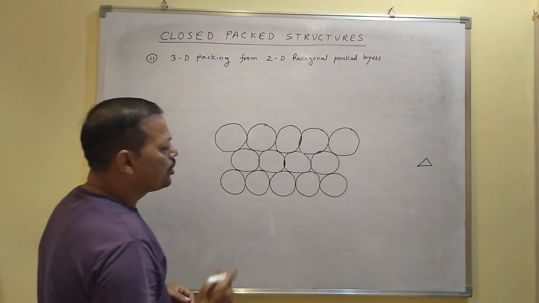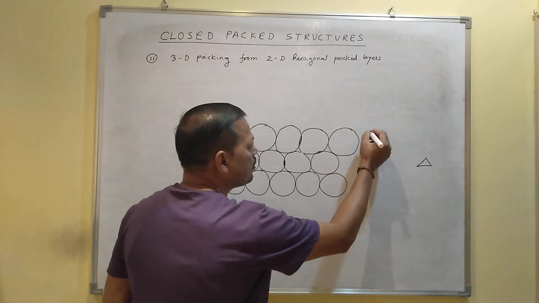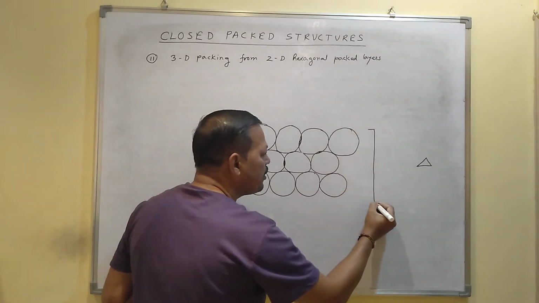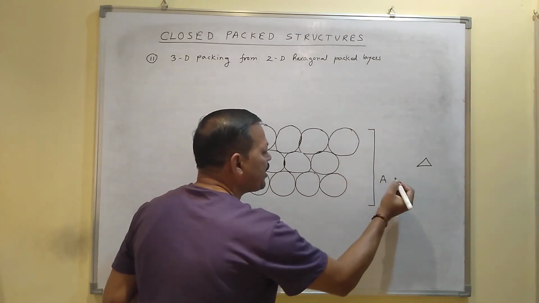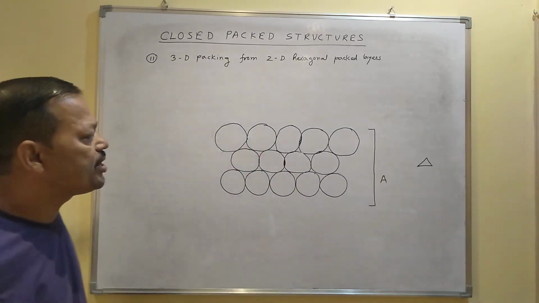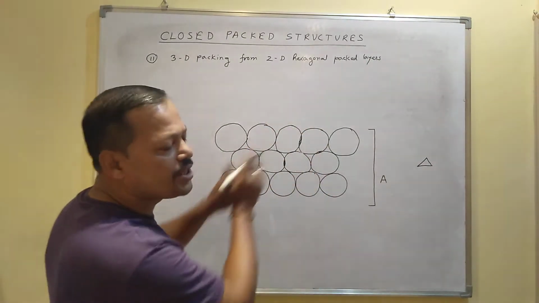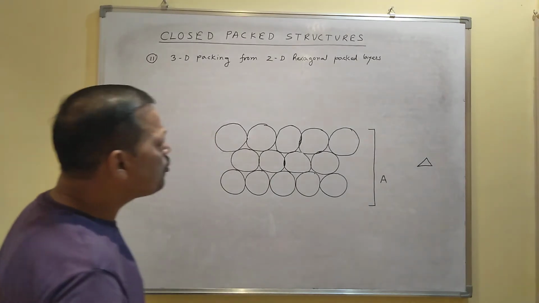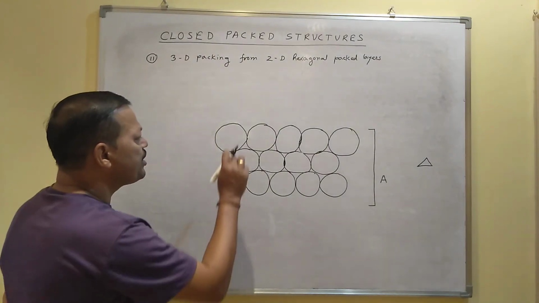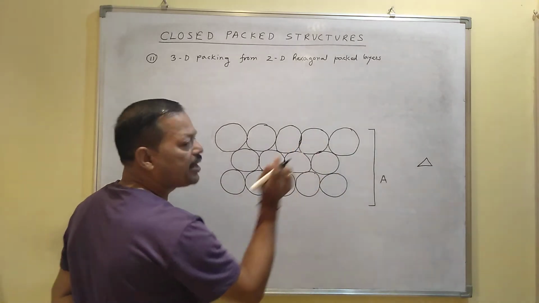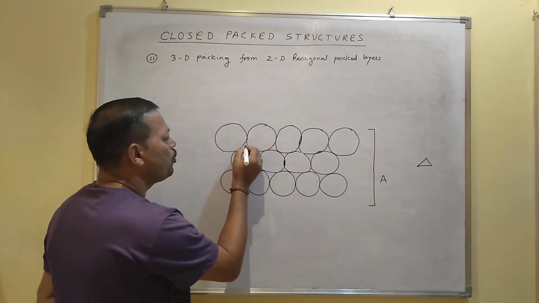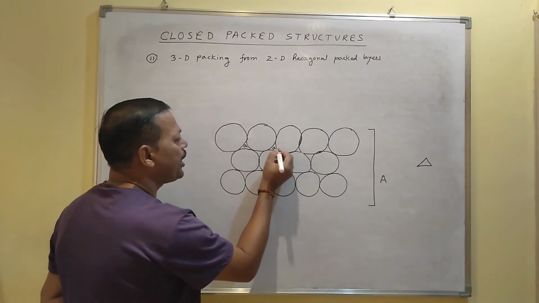To make it 3D, the whole layer we will consider as the A layer. Now we will place another layer above this layer. Before placing the layers, we will mark these voids, the gaps.